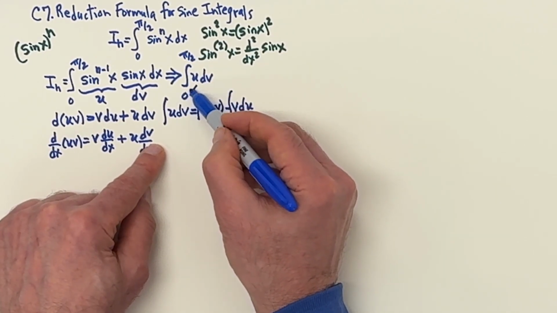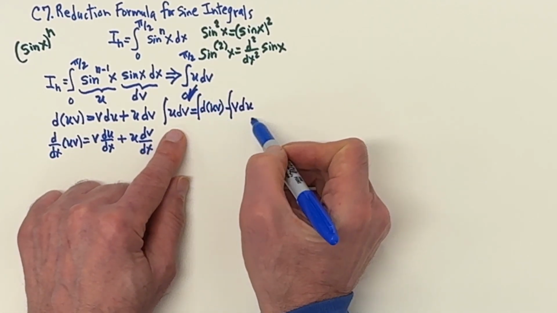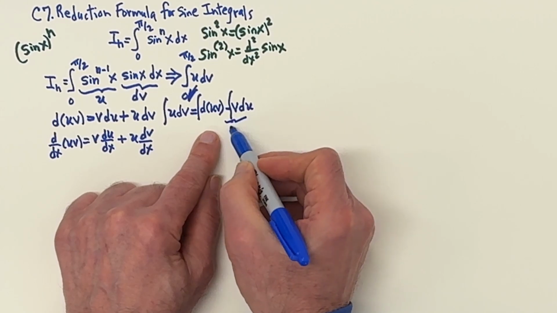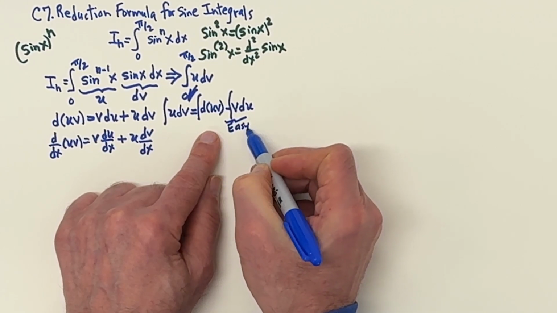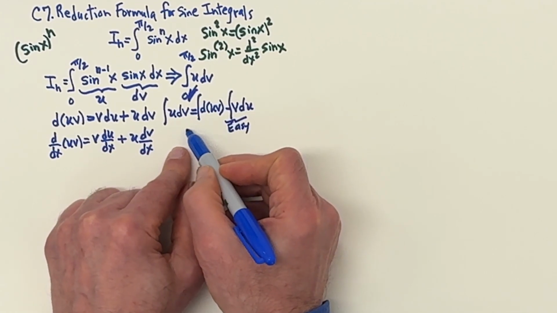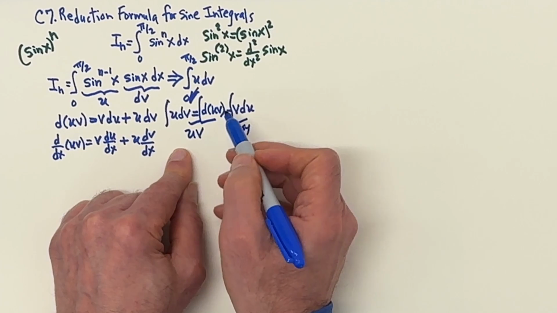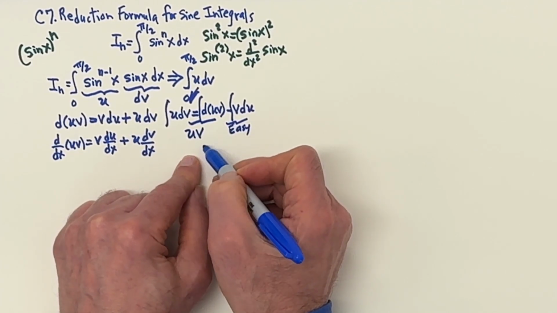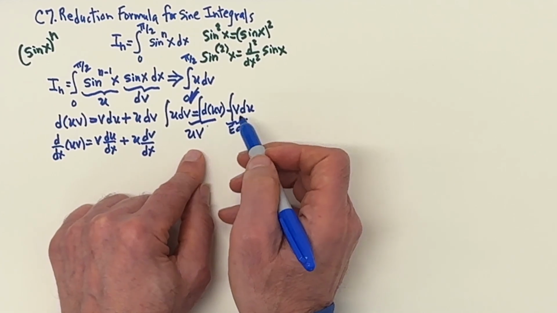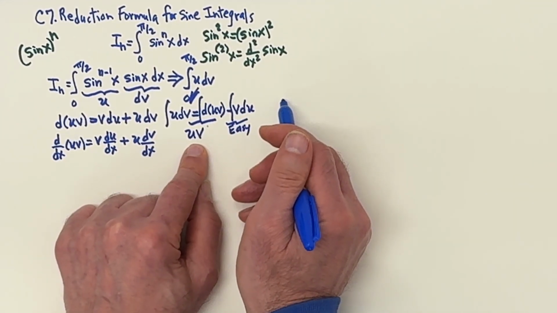And this one here, we're hoping that by being replaced by this, this one would be easy. And this one is trivial, because if you have a differential and you do the integral, this one's just going to wind up being uv. And here we're going from 0 to pi over 2, so we won't worry about adding the constants, since the constants would subtract out.